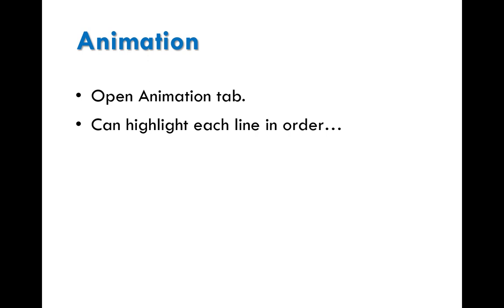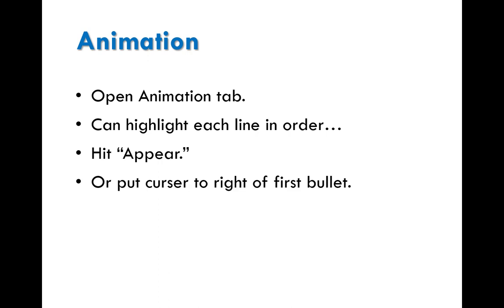So basically, take your cursor, highlight the first line, hit the kind of animation you want, then go to the next line, hit the animation you want, and that's going to work. And each time what I'm doing here is just called appear. It just appears. It doesn't come in from the left and right, and it doesn't do swirlies, and it doesn't have any sound with it. It's just really professional.